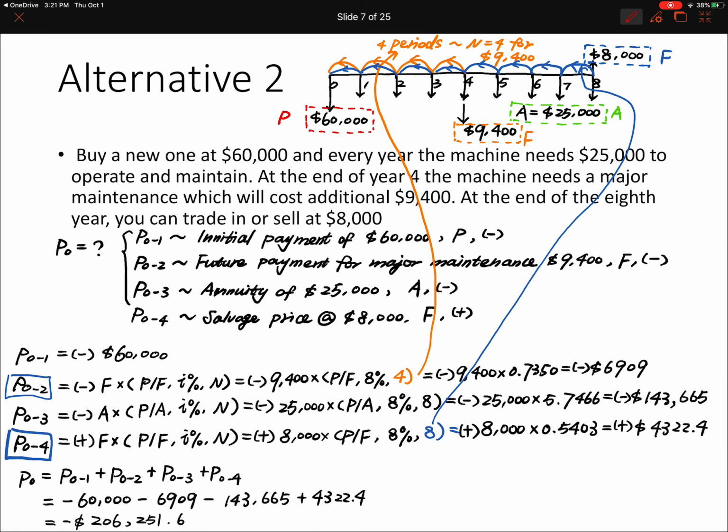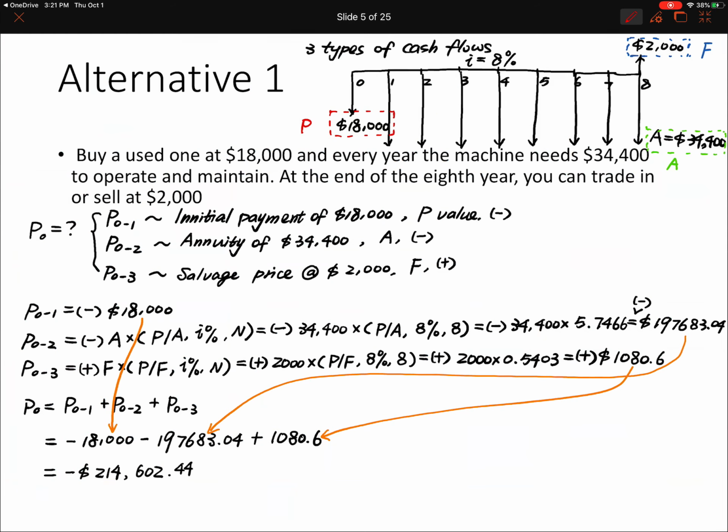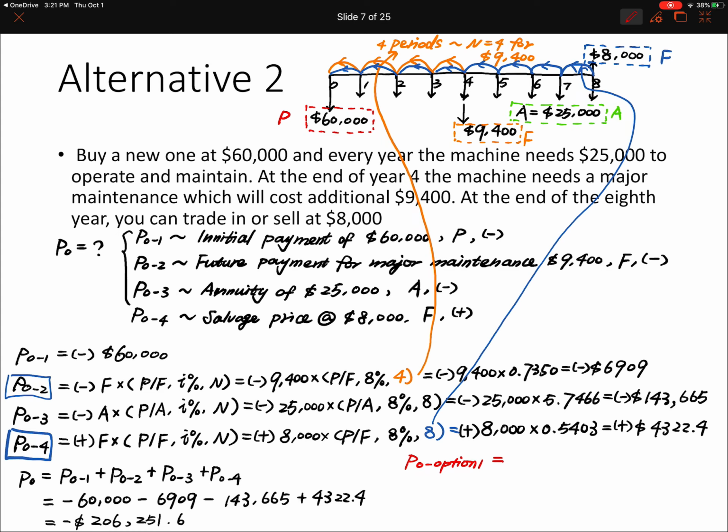Okay, now let's take a look at these two options. So P0 for option 1 is what? Is this, okay, let's copy it here.